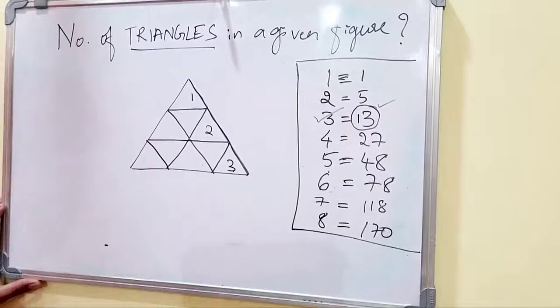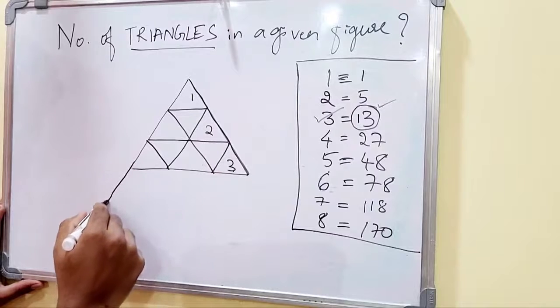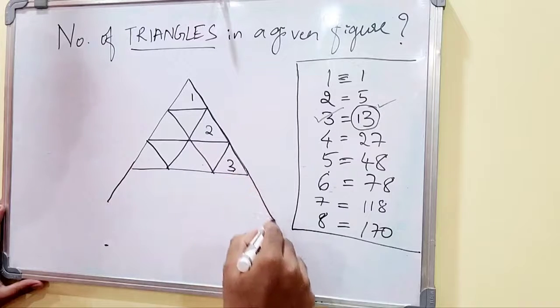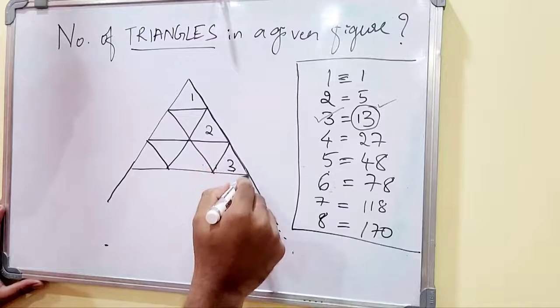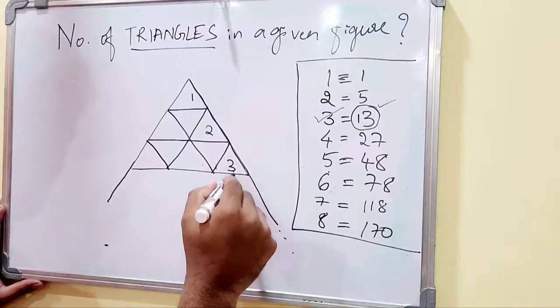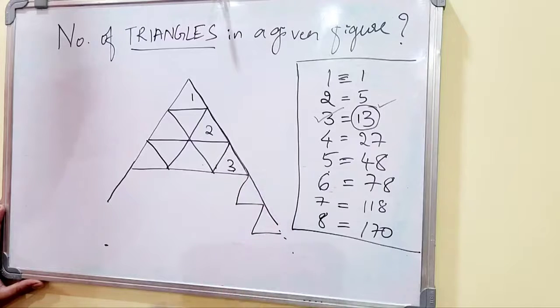Assume that there are a few more triangles, again like this, and it continues.